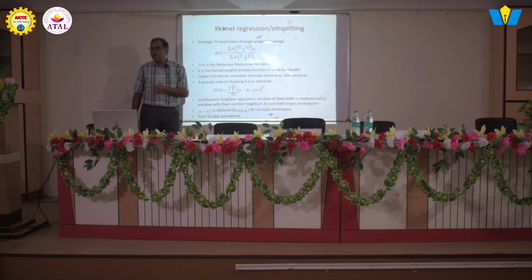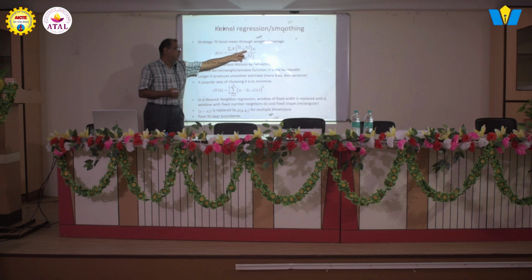So that is how we give differential importance to different parts of the data. For a particular x, we give more importance to near neighbors of that x in the x scale. So those y's are given more weightage.